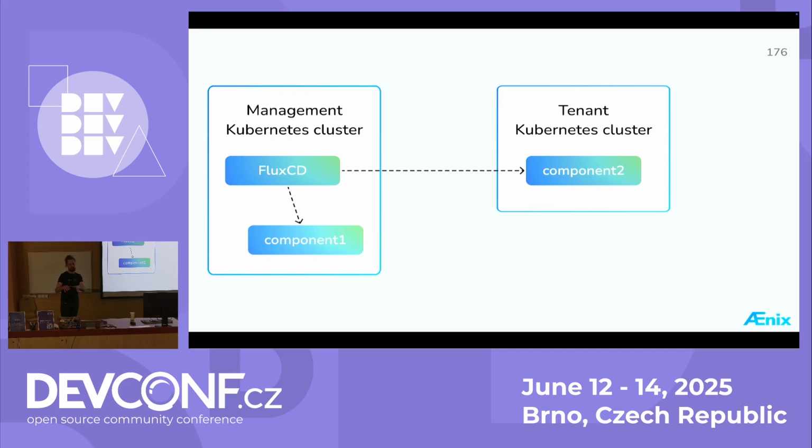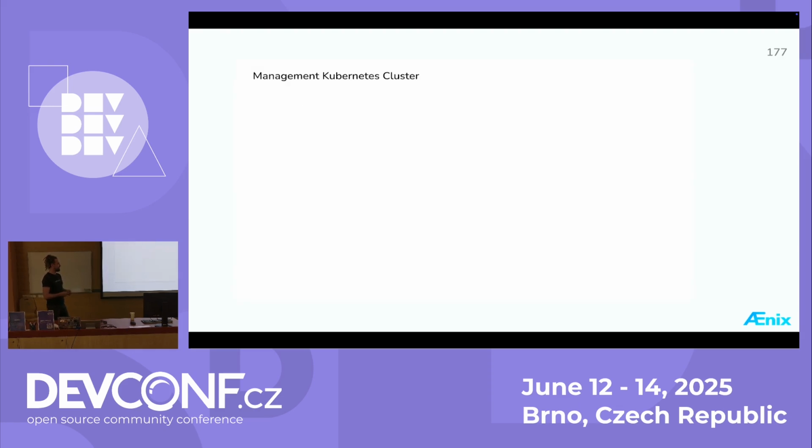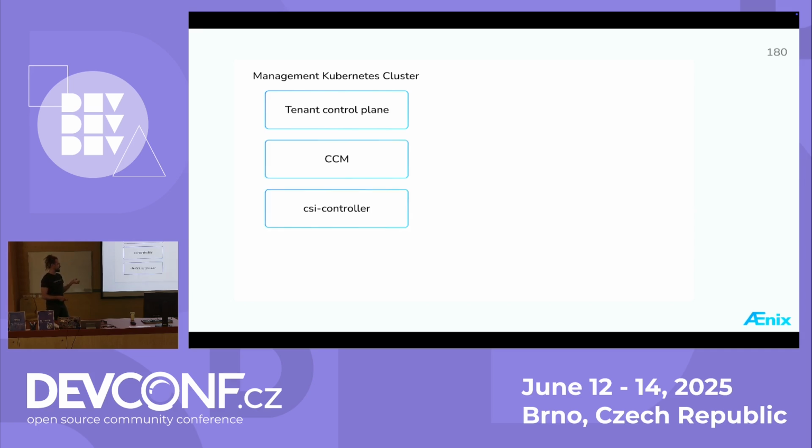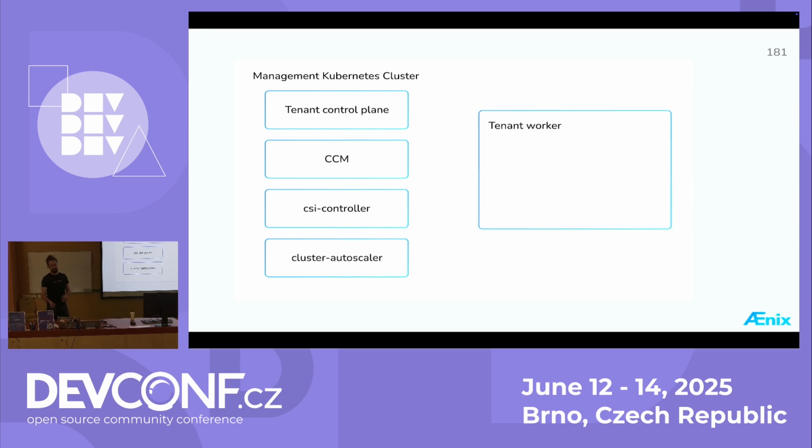So you can feed FluxCD an external kubeconfig, and it will go to another Kubernetes API and deploy the Helm chart there. In this way, we deploy such components as the tenant control plane, cloud controller manager, CSI controller, and cluster autoscaler. Inside of the tenant worker, we deploy the CNI plugin and CSI node.